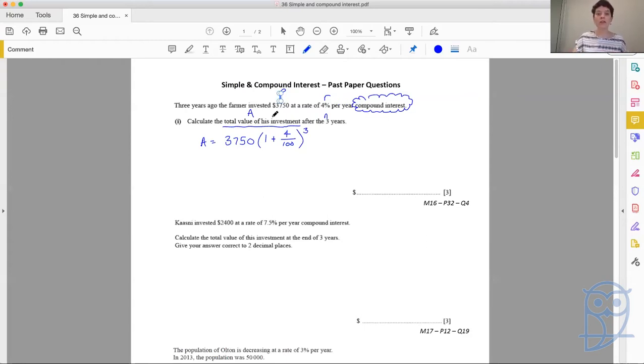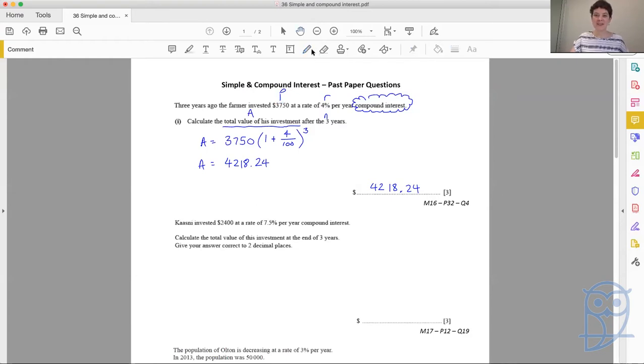So one calculation on your calculator, and you come out with A equals 4218.24. So after the 3 years, he'll have $4,218.24. Usually with money, we give our answers to 2 decimal places.